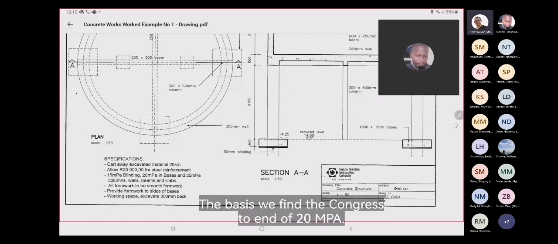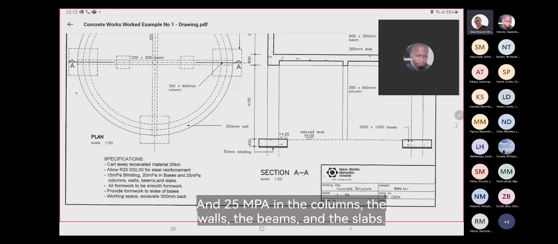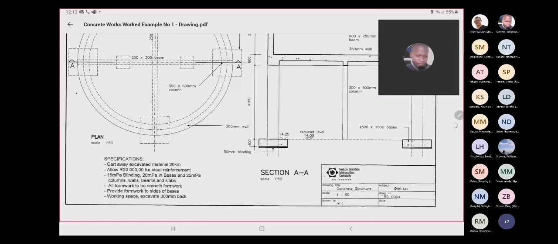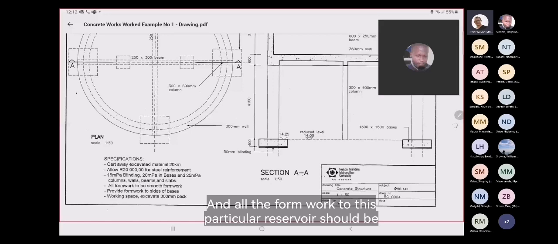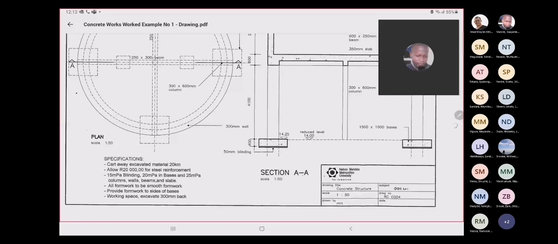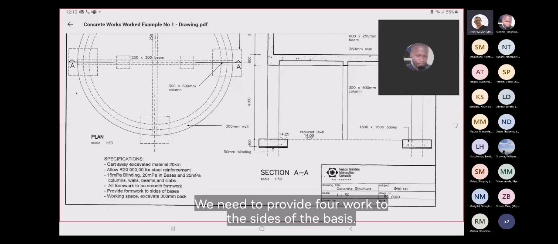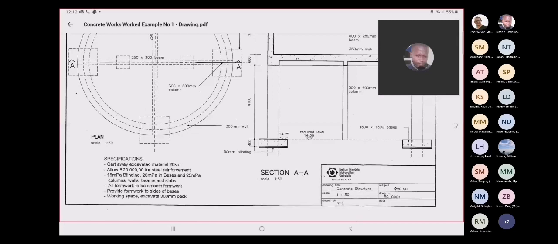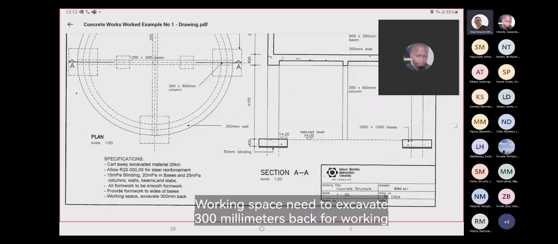The bases have a concrete strength of 20 MPa, and 25 MPa in the columns, the walls, the beams, and the slabs. All the formwork to this reservoir should be smooth formwork. We need to provide formwork to the sides of the bases. For working space, we need to excavate 300 millimeters back.